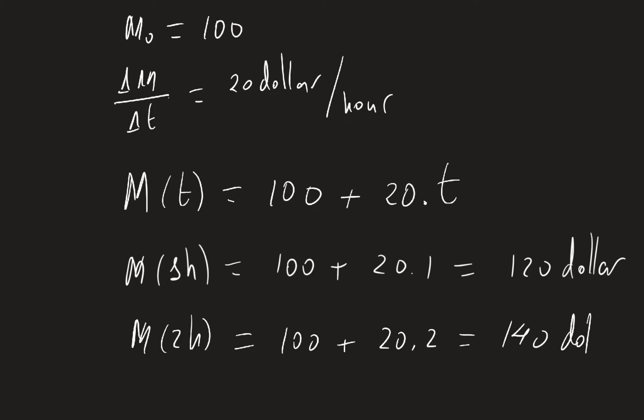Now, can you do the same thing with position and time instead of dollars? And second, can you do the same thing if instead of earning $20, you are paying $20? So now, let's do it.